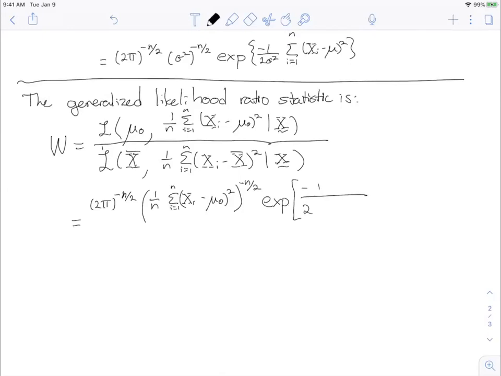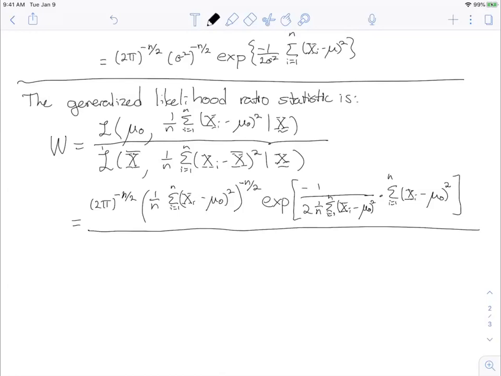And now here's a sigma squared. So where there's a sigma squared, I'm going to plug in 1 over n sum i equals 1 to n xi minus mu0 squared. And then we have sum i equals 1 to n xi minus mu in the expression at the top of the screen. And right now I'm evaluating the numerator, so I'm plugging in mu0 where there was a mu. So that's the numerator of this expression.